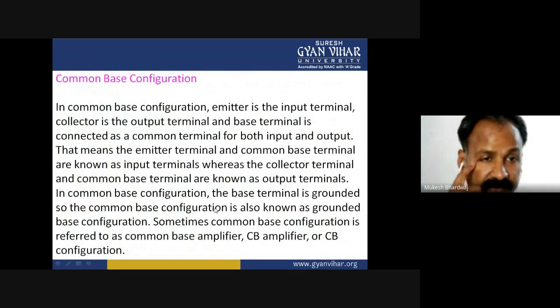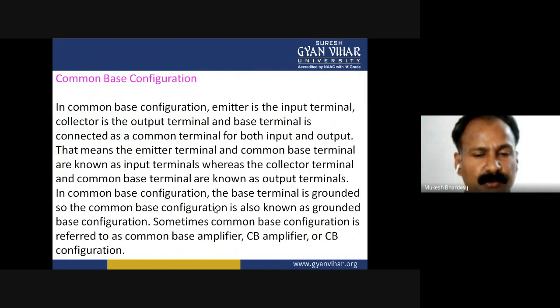Common base configuration. Now, in common base configuration, emitter is the input terminal, collector is the output terminal, and base is connected as the common terminal for both input and output. That means the emitter terminal and common base terminal are the input terminals, whereas the collector terminal and common base terminal are the output terminals.